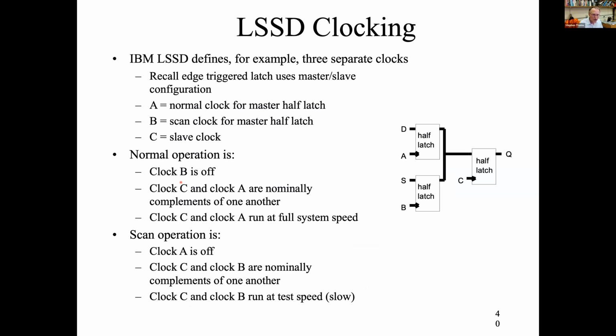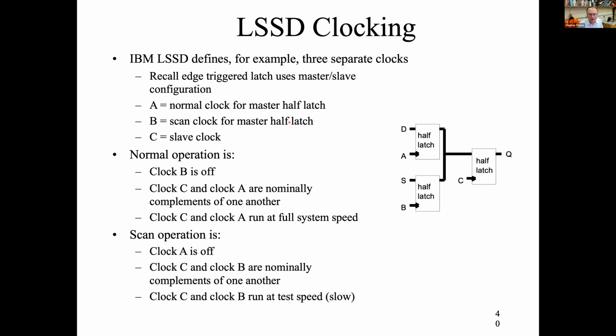Okay, there are other ways you can do this. IBM defined LSSD with 3 separate clocks. They had a normal clock, a scan clock and a slave clock. So you can see you've got 3 half latches put together.